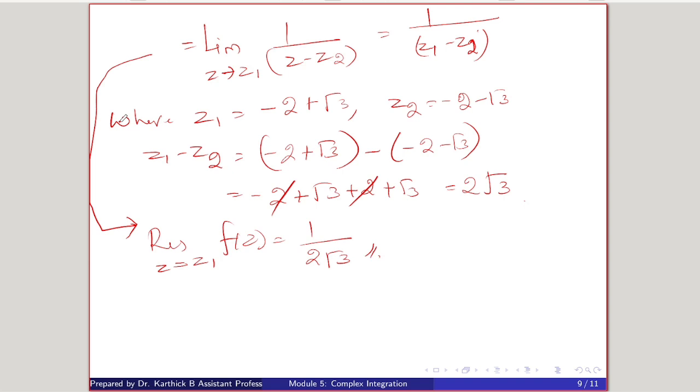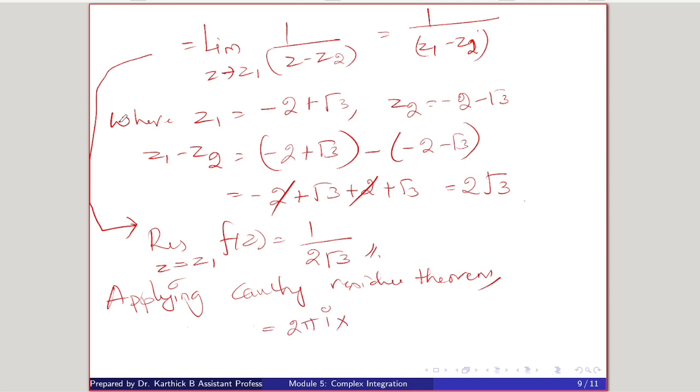At last, applying the Cauchy residue theorem, the integral will be 2 pi i into the sum of residues. Here this is the residue. We find the residue for z1 alone because z2 lies outside the circle.